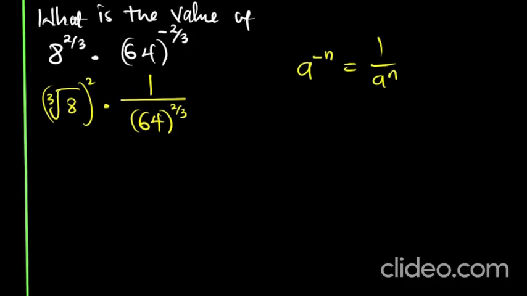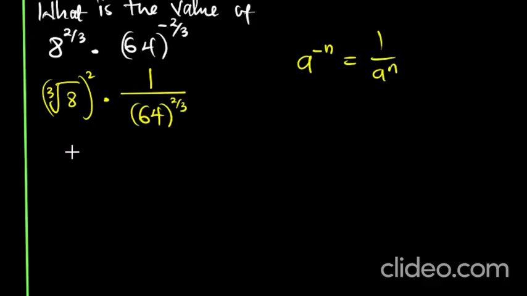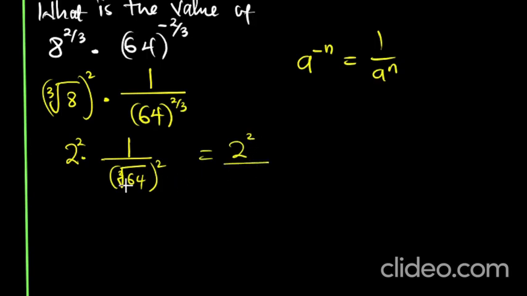Then this one is now 2 to the power of 2 multiplied by 1 over the cube root of 64 squared, which is equal to 2 squared divided by, the cube root of 64 is 4, then 4 squared is 16, so this is 4 over 16, which is 1/4.